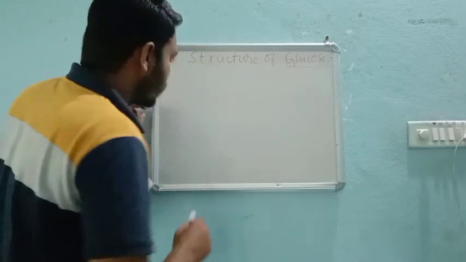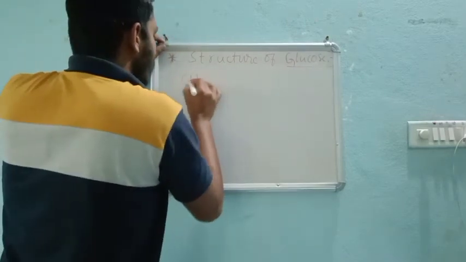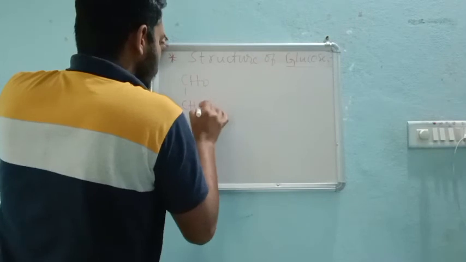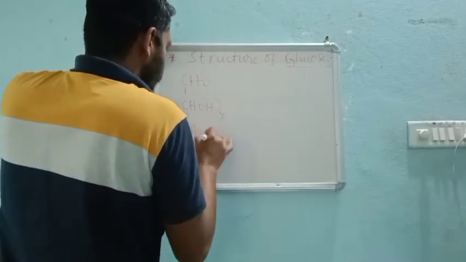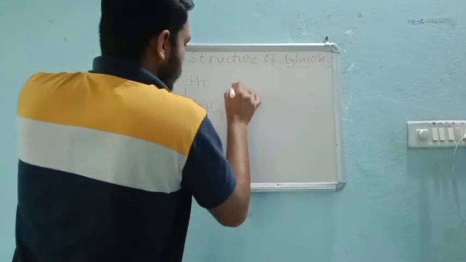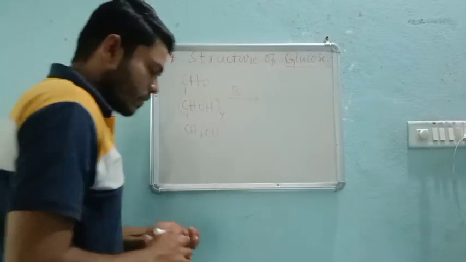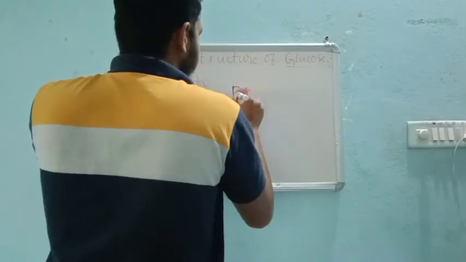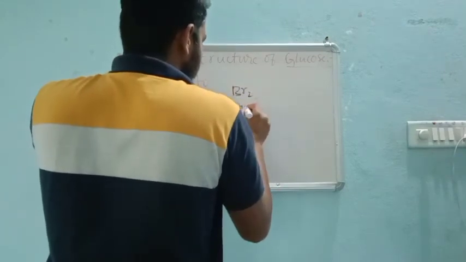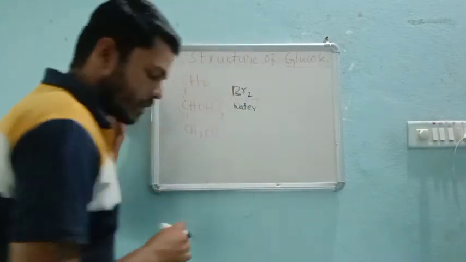So if I react glucose, CHOH four times, CH2OH, this is our glucose. If I react this glucose with bromine water, then definitely it forms gluconic acid.